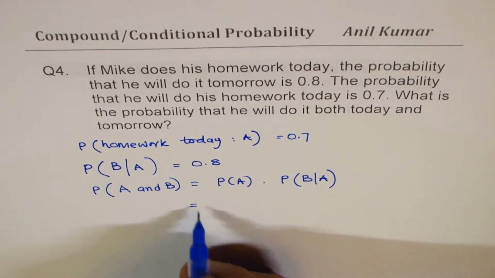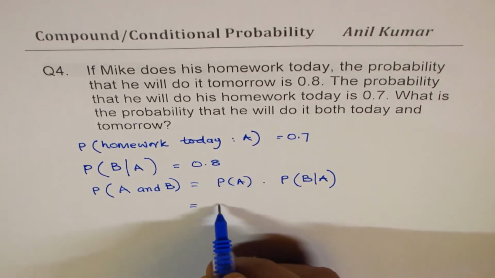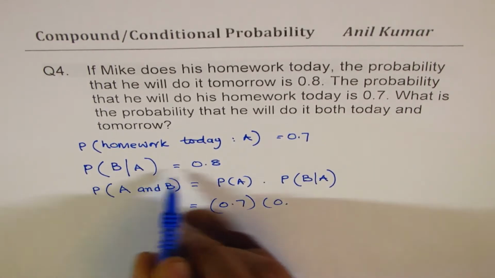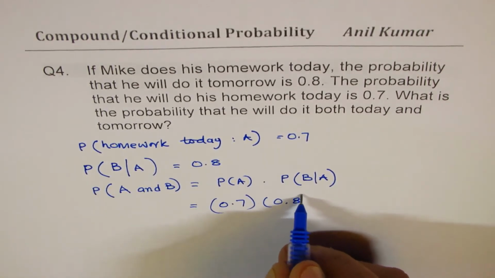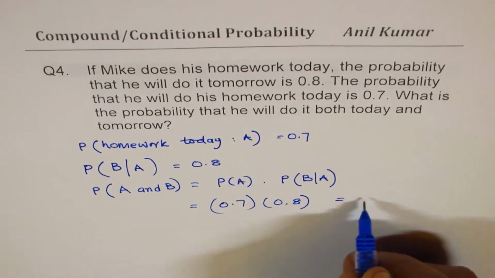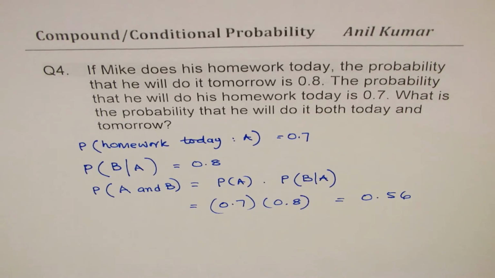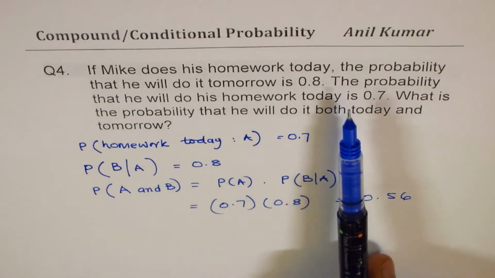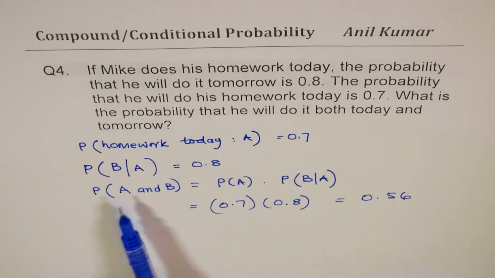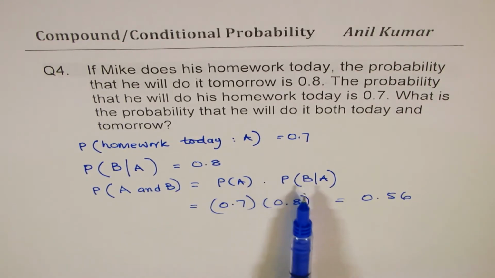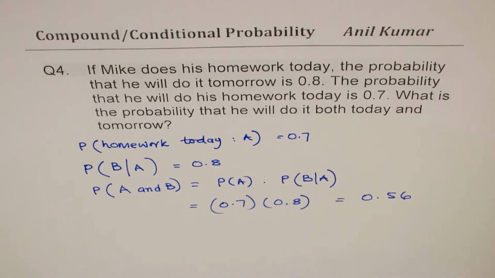So that gives you the result as probability of A is 0.7 times the conditional probability given to us, 0.8, and that gives us 0.56 as the answer. So I hope that is clear, right? So that is a conditional probability case. When the events are dependent, the probability of A and B is the product of the probability of A with its conditional probability, right?